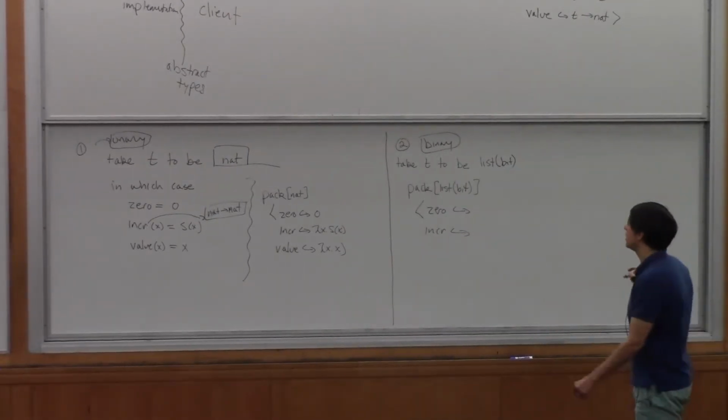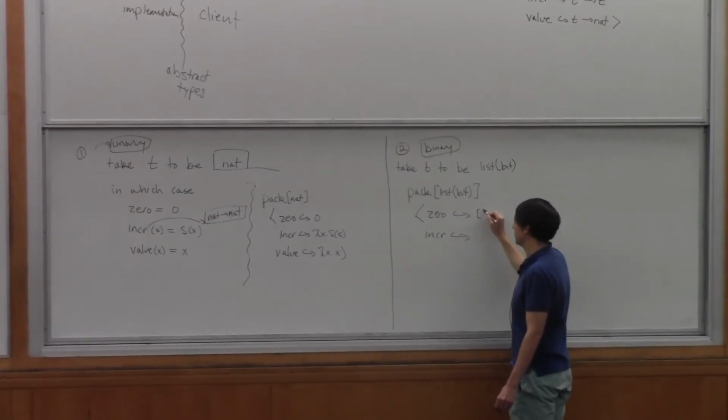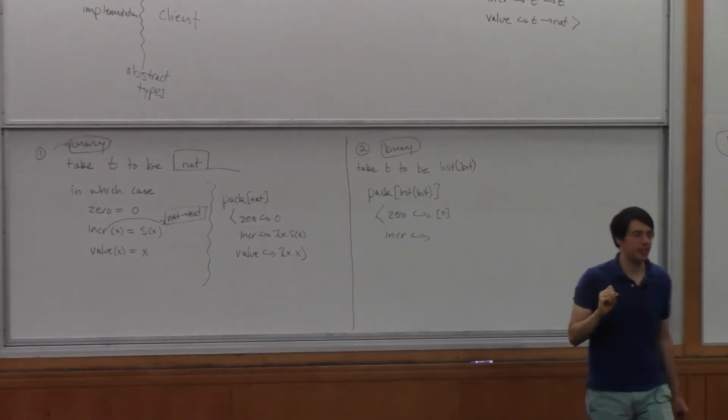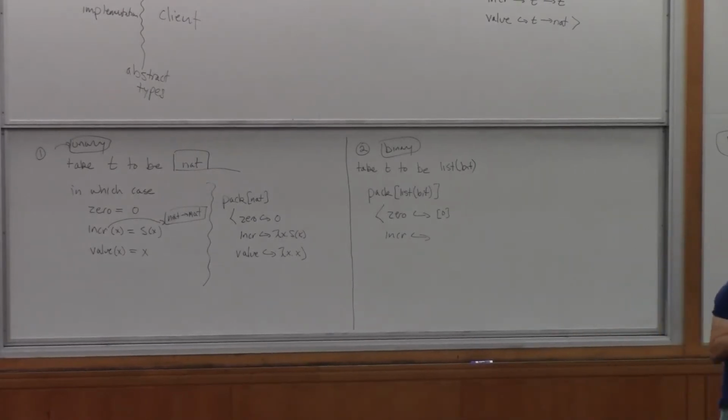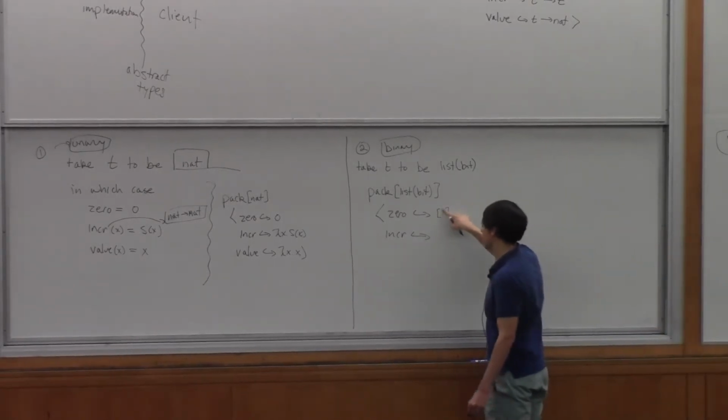So what should we take 0 to be for a list of bits? Well, there's many choices, right? If you're going to implement binary numbers with lists of bits, then empty list, list of 0, 0, et cetera, you could have many different representations.